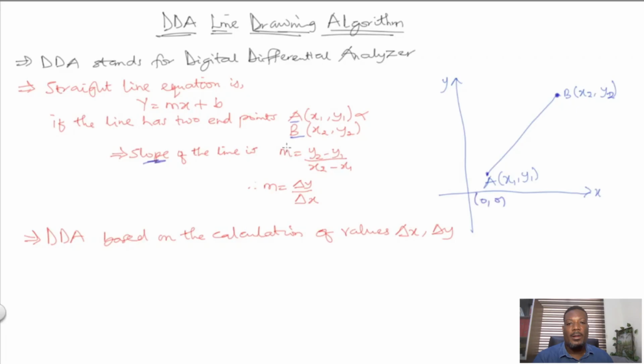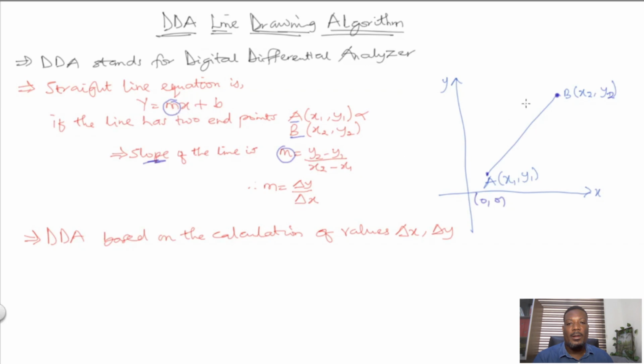So m is equal to y2 minus y1 over x2 minus x1.